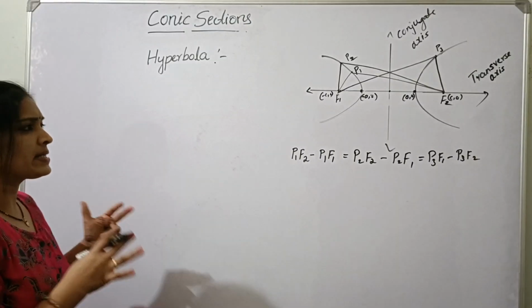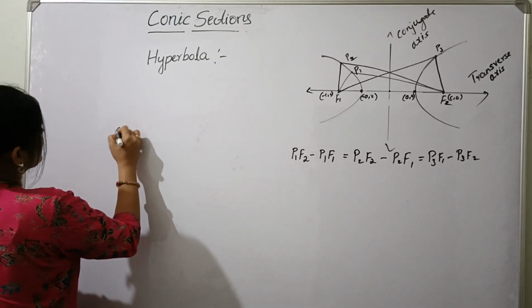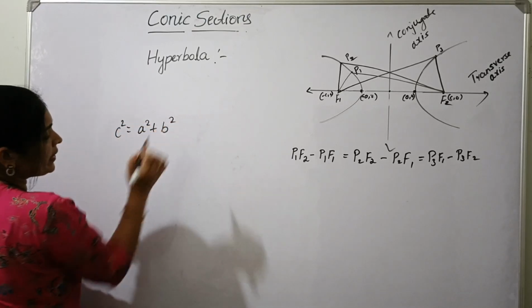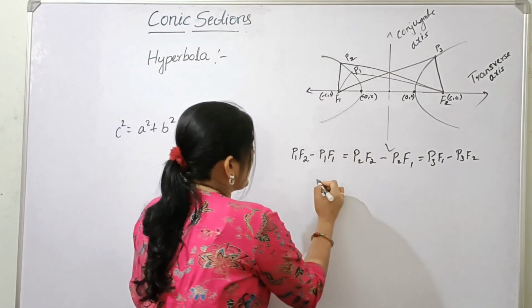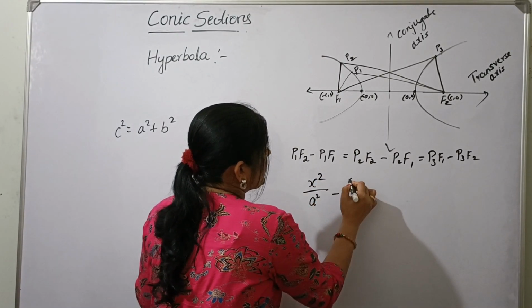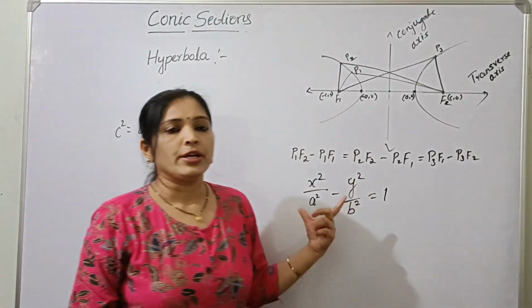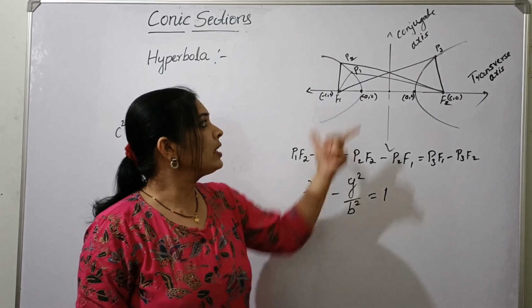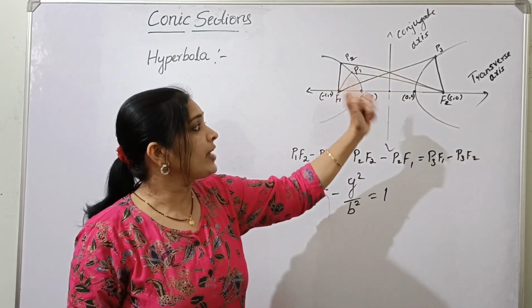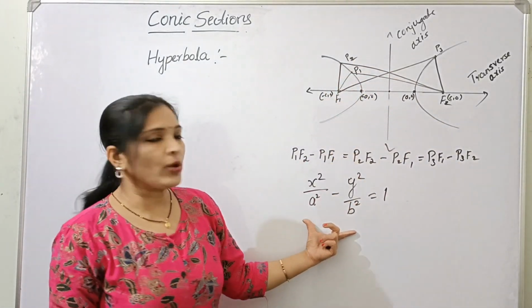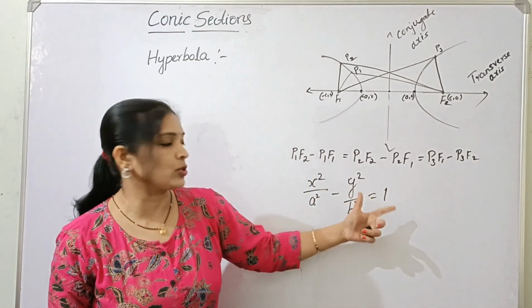Here, same as the ellipse, the relation between a, b, c is c squared equals a squared plus b squared. The standard equation of the hyperbola is x squared by a squared minus y squared by b squared equals 1. If the hyperbola is along the x-axis, the standard equation is x squared by a squared minus y squared by b squared equals 1.